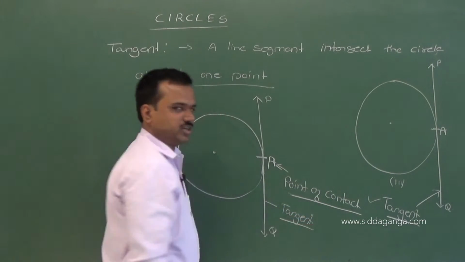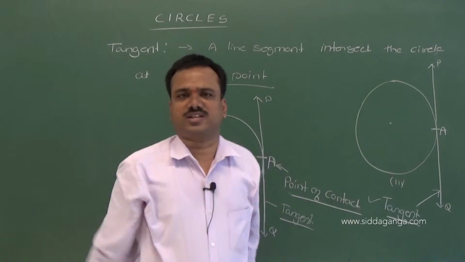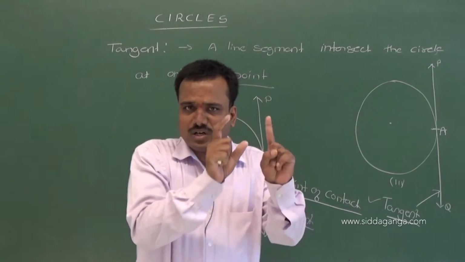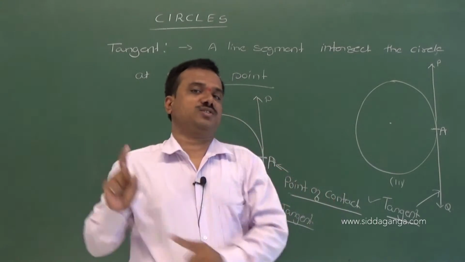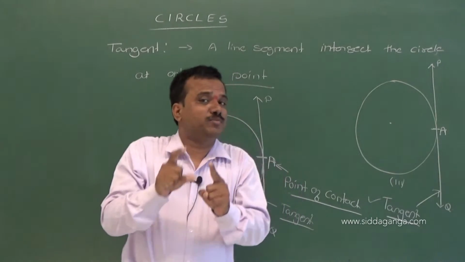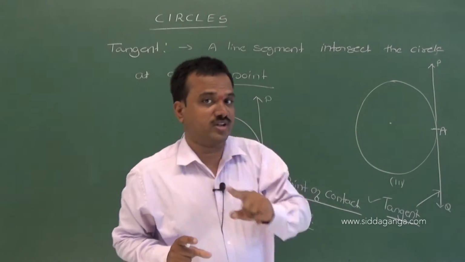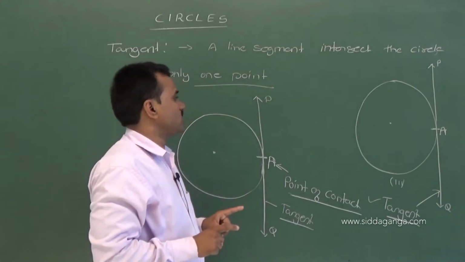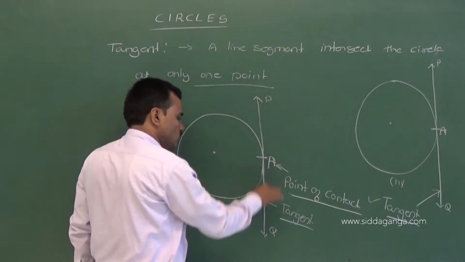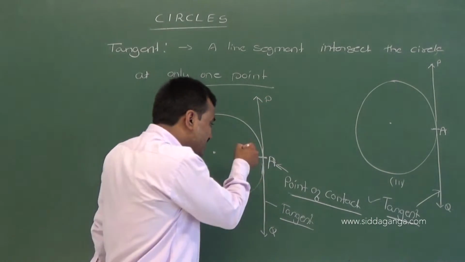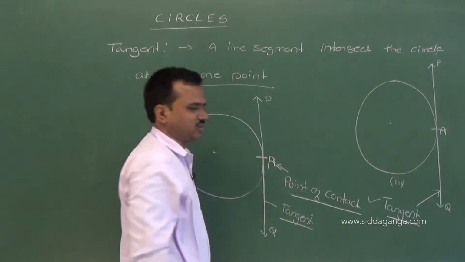Is it clear? In the three diagrams, in the first diagram, the line and circle do not intersect. That's why we call it a non-intersecting line. In the second one, the line segment PQ intersects the circle at 2 points, A and B. That line segment we call a secant. The third one is very important: the line segment PQ touches the circle at a point.